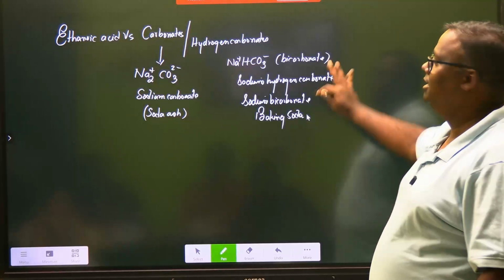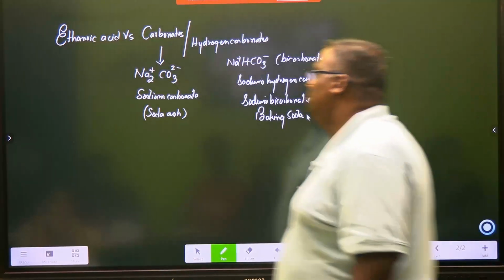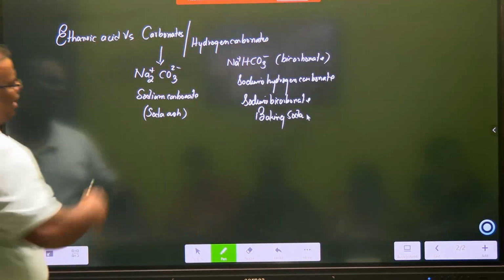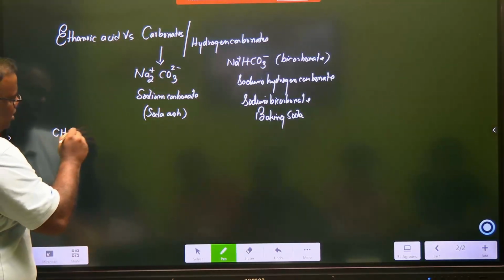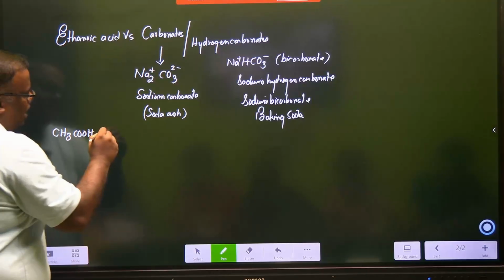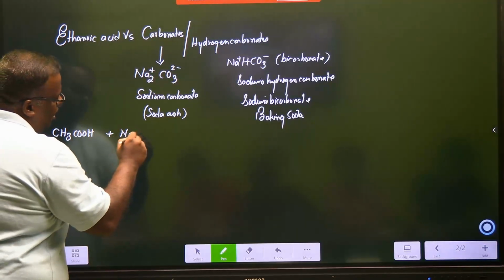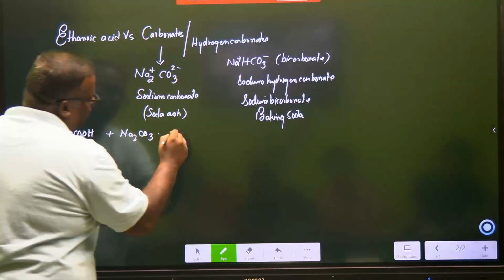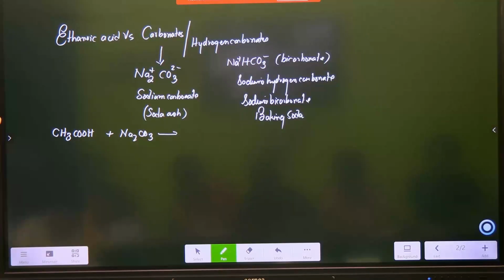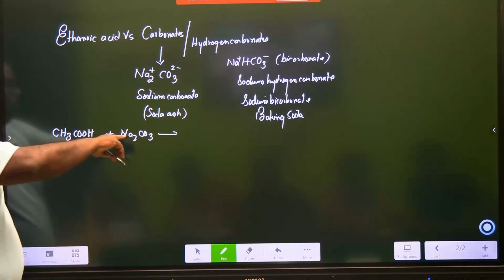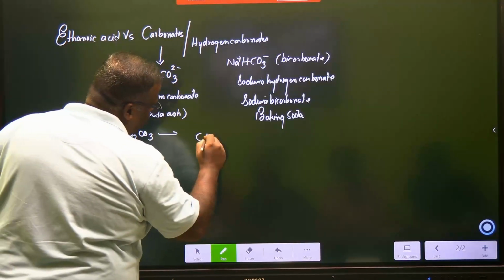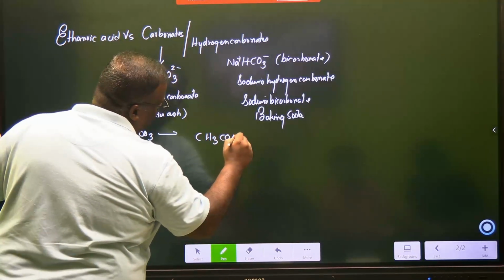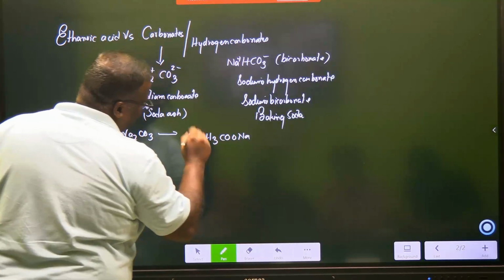Okay, clear? So let's see the reaction now. Let's take Na2CO3. We'll have CH3COOH, acid reacting with Na2CO3. Now, since you've got 2 Na, we'll take 2 molecules of CH3COOH. So first thing is, obviously we will get sodium ethanoate, CH3COONa. 2 of those we will get.